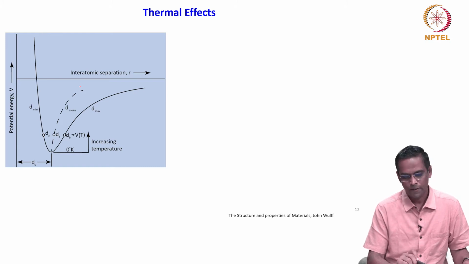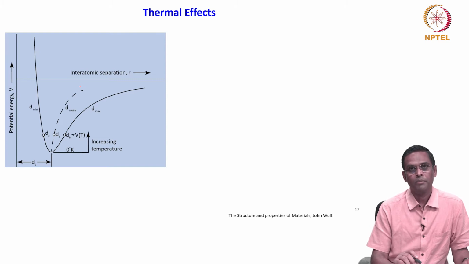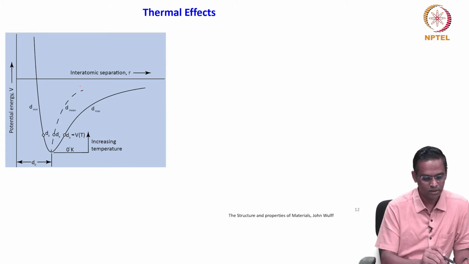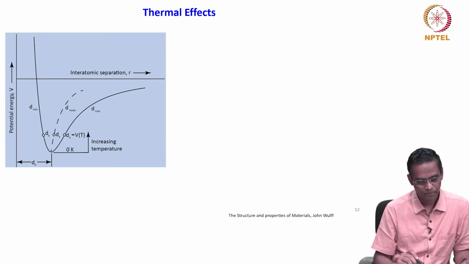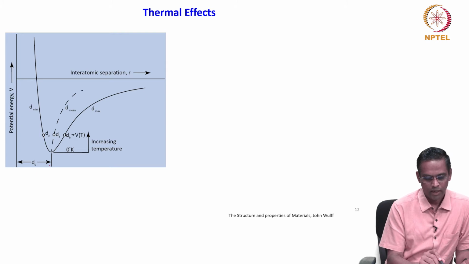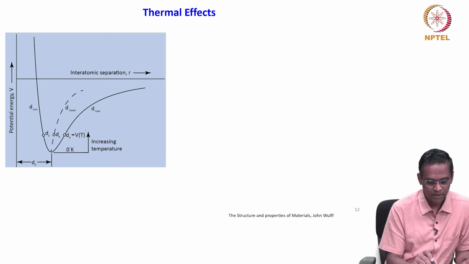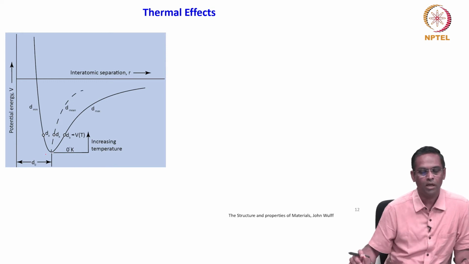Just to complete our elastic property also, we need to bring this aspect because temperature also plays a significant role. So, what is shown here? Potential energy versus distance diagram, and this you are now very much familiar with, that D naught is the equilibrium position, and of course this equilibrium position D naught is valid at 0 Kelvin.